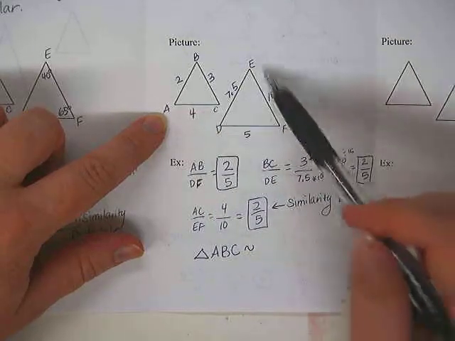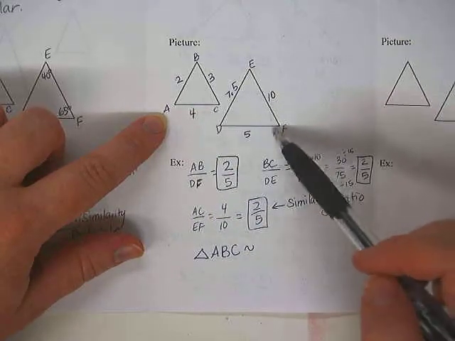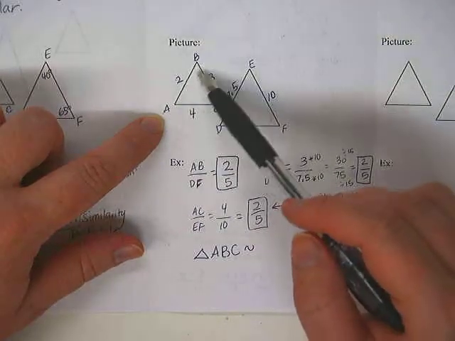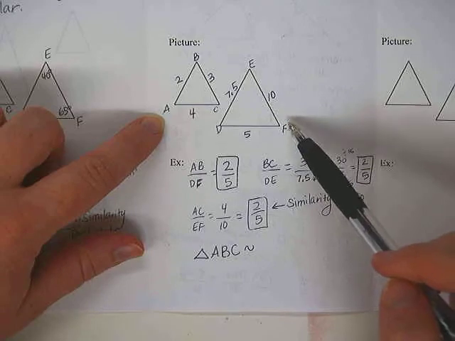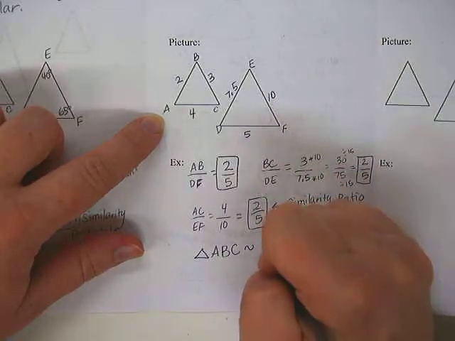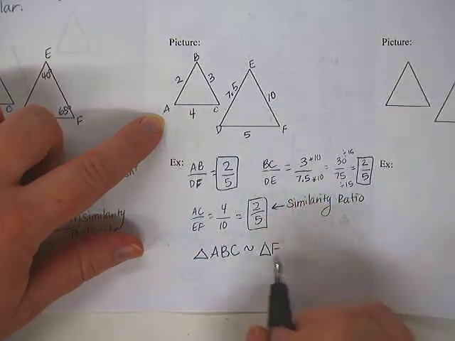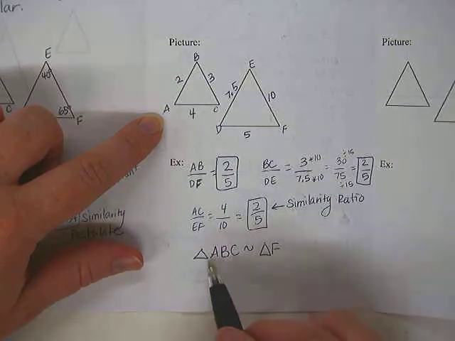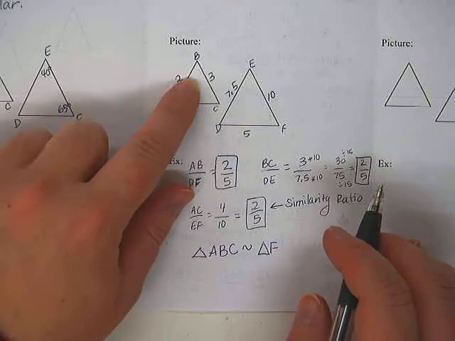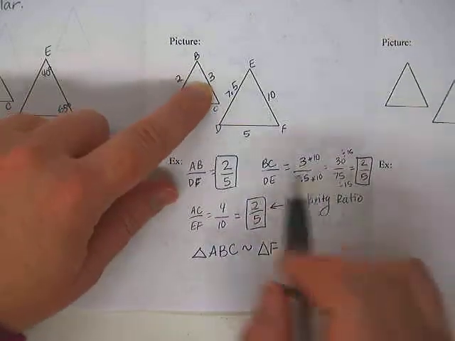Let's see. Point A is between the longest side and the shortest side. Which point over here is between the longest and the shortest? See how point A is between the longest and shortest sides? Which point over here is between the longest and shortest? F. So does that mean F is going to go first in our statement to match up with A?